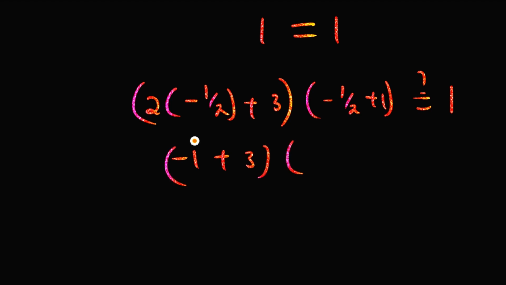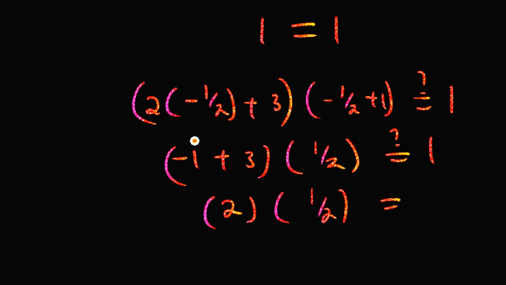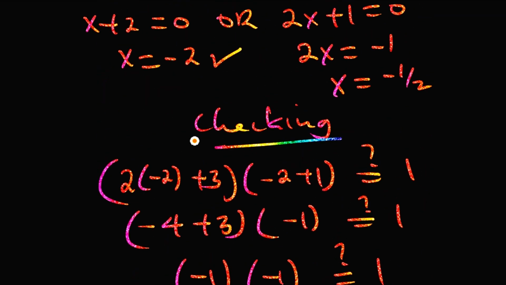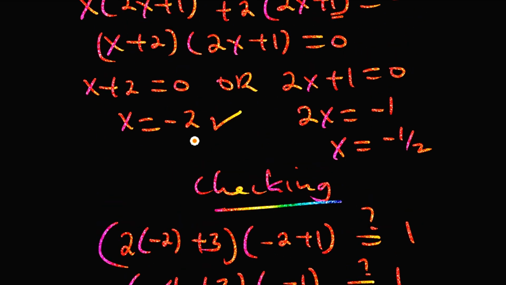And then here we have minus half plus 1 is half. Minus 1 plus 3 is positive 2, so positive 2 times half. 2 times half is 1, and we have both sides of the equation being equal, meaning this solution is also correct.